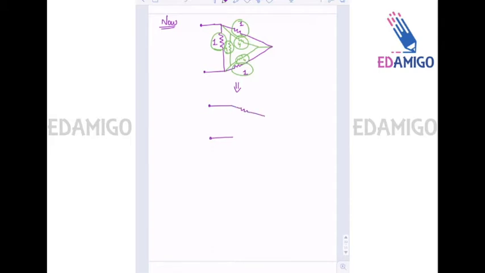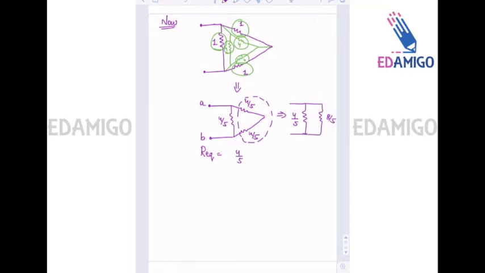4 parallel 1 is 4 into 1 divided by 5, that is 4 divided by 5. Okay, so R equivalent is, these two resistances are in series, so this is equivalent to 4 by 5 parallel with 8 by 5.